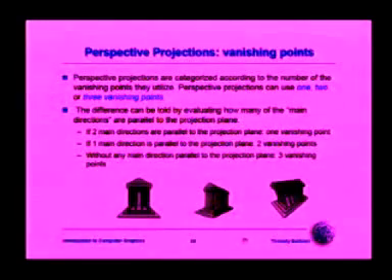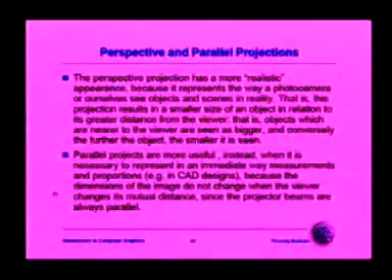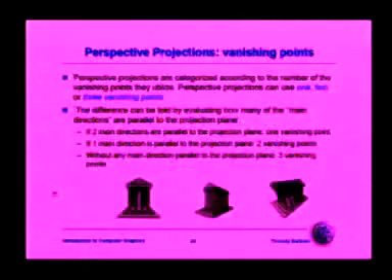These are three kinds of perspective projections in which the projectors are not parallel, but are disposed in a way that you can identify in the image 1, 2, or 3 vanishing points. What is a vanishing point? It is a point in which one main direction converges. You have basically 3 main directions, one for each of the 3-dimensional directions of space.